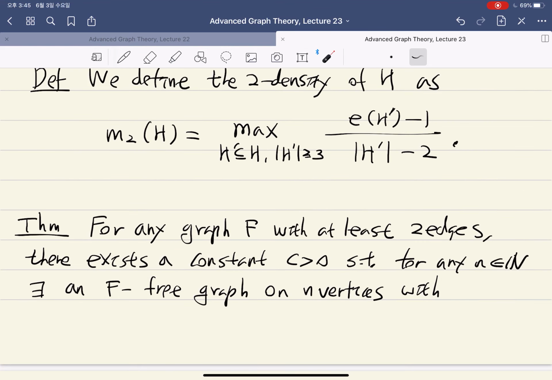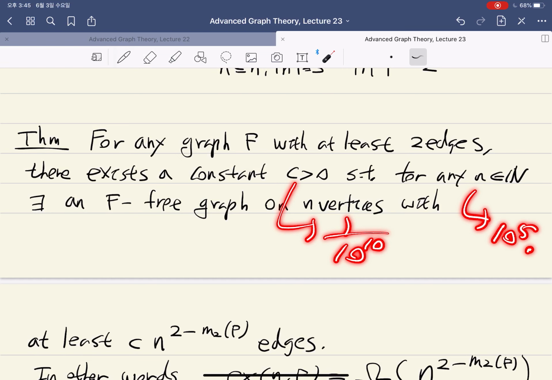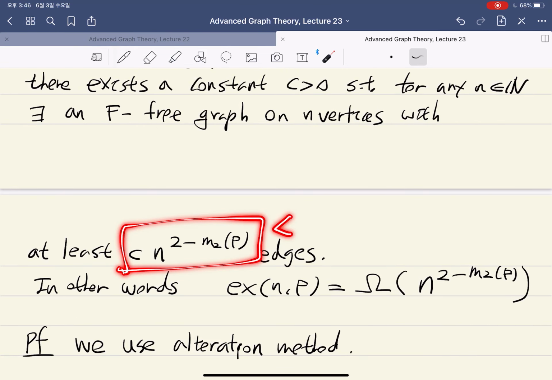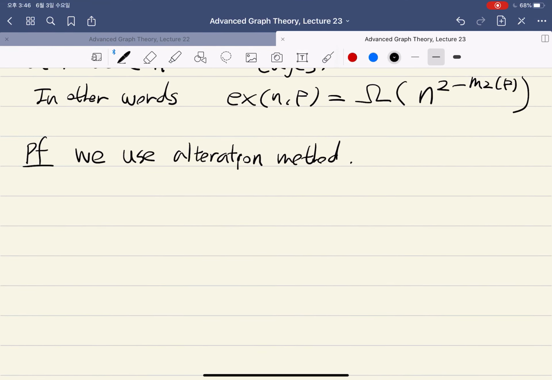So if we choose this C very small, let's say 0.001, then we can automatically assume that n is at least 100. If this is 1 over 10 to the 10, then we can assume that n is at least 10 to the 5. Otherwise, this would be less than 1 and the statement is trivial. So we can assume that n is large.